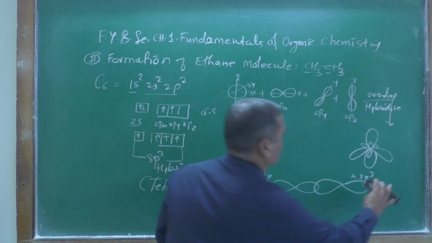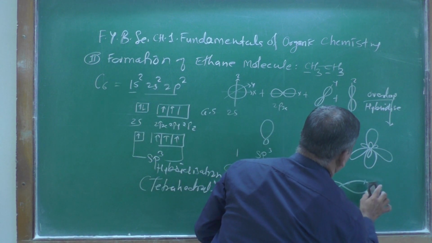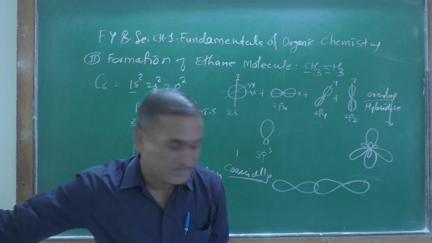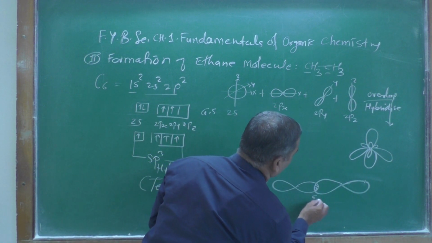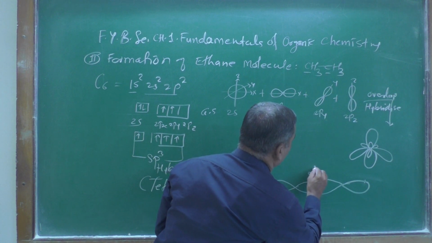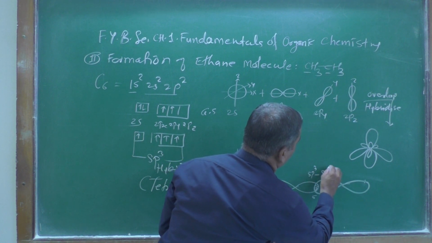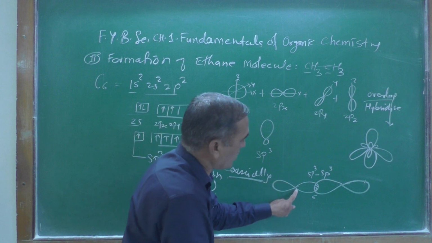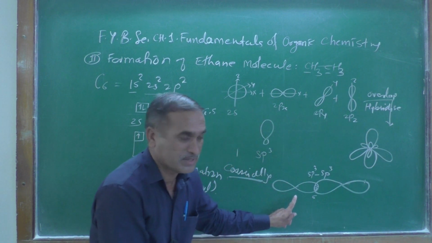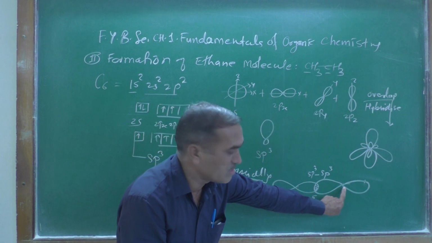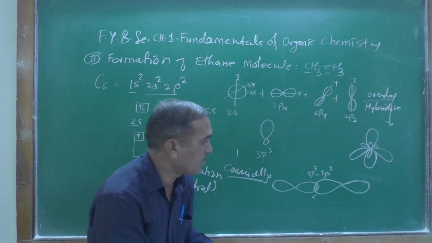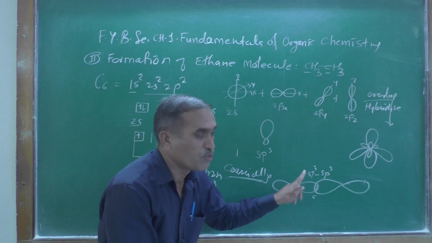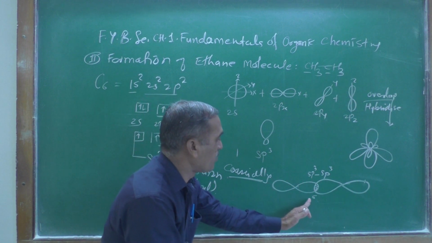Let me draw this diagram here. Here is a sigma bond, and this is the sp3 hybrid orbital of one carbon atom. Imagine, this is one carbon atom, this is another carbon atom, and the sp3 orbitals overlap to form a strong sigma bond.